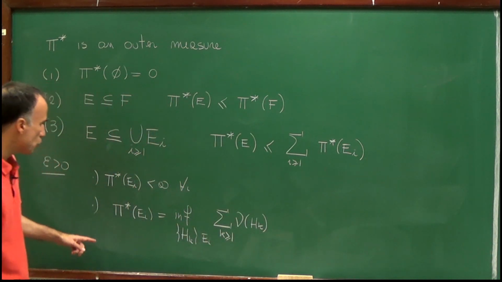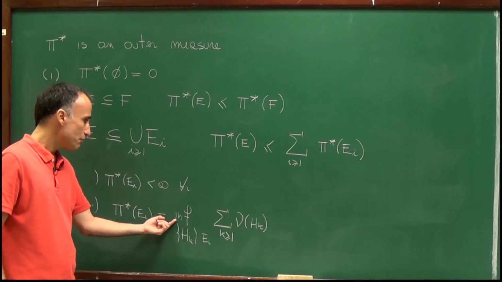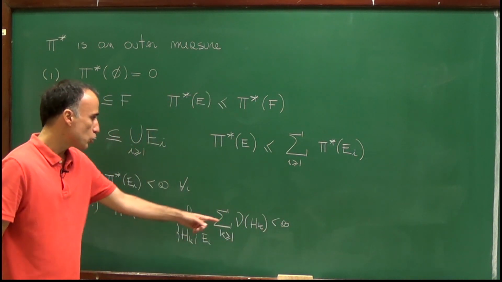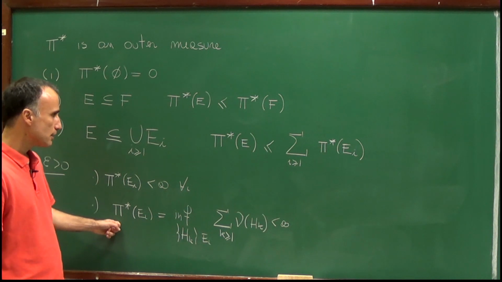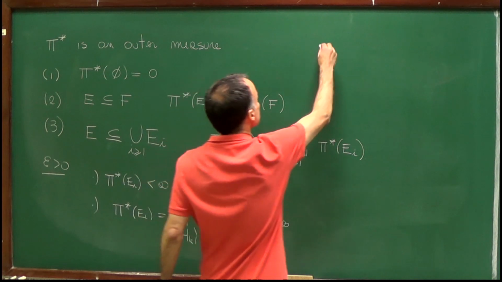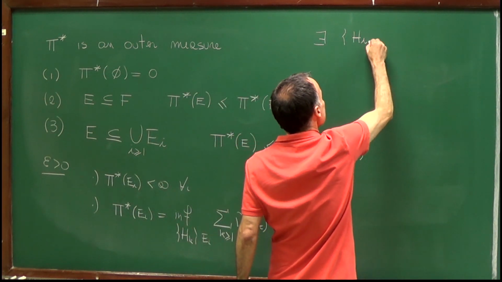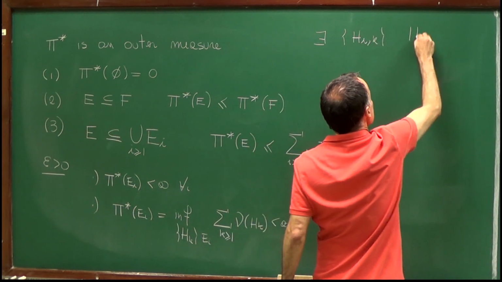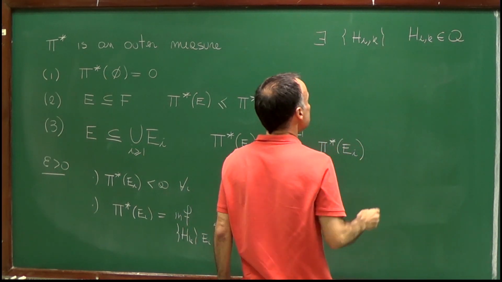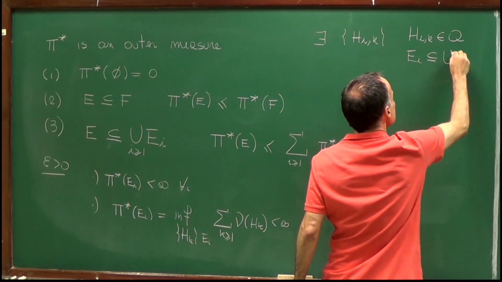And so what I claim is that since this infimum, by assumption, is finite, we can find a covering which almost attains this infimum. What do I mean by that? Well, there exists a covering which I will call H_ik. H_ik belongs to the algebra for each k. E_i is contained in the union of H_ik.